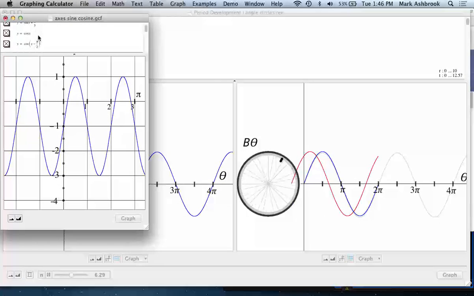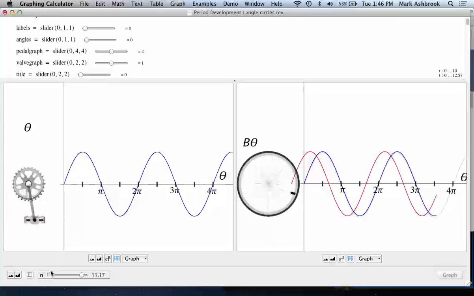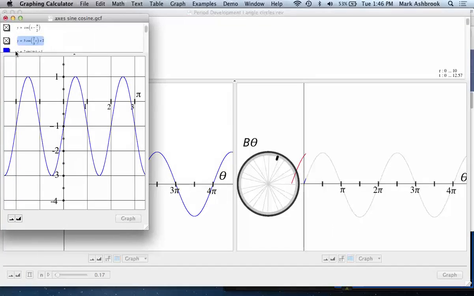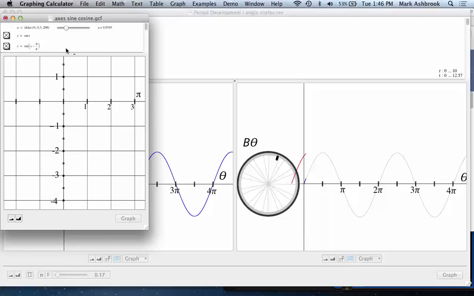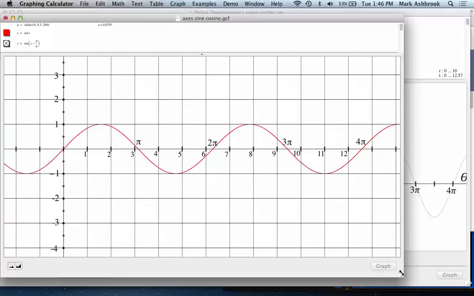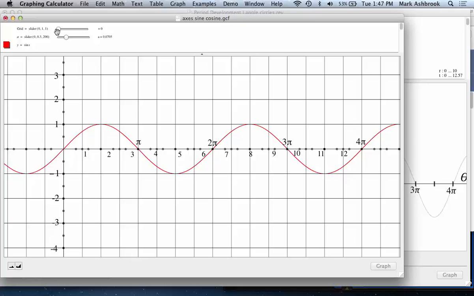So let's look at this. Oops. Let's pause that. So what I want is those to be visible, but not very dark.